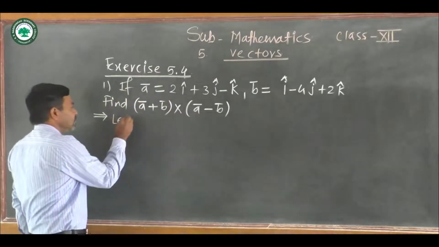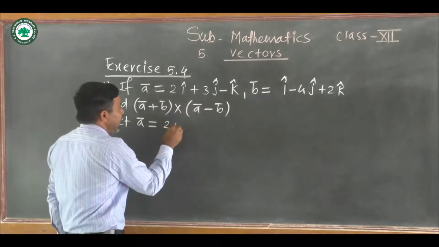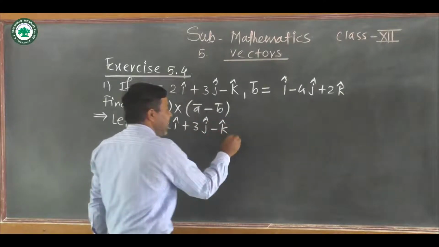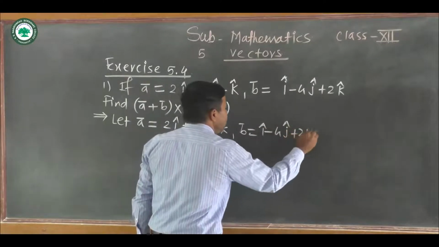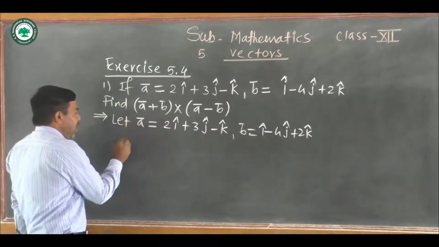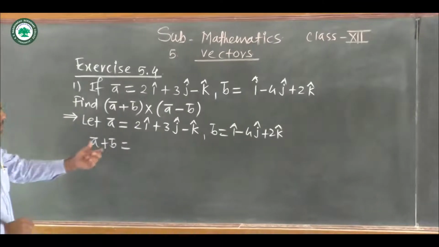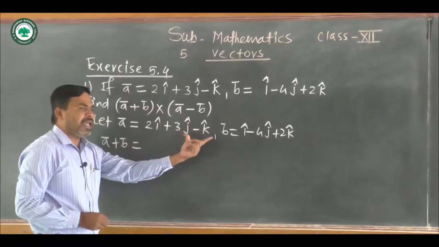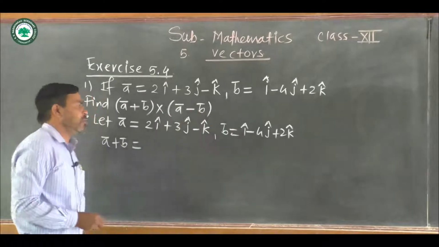So let a bar be equal to 2i cap plus 3j cap minus k cap. Also b bar is given here, that is i cap minus 4j cap plus 2k cap. So a bar plus b bar is nothing but the addition of these two vectors, and these two vectors are given in the form of ijk, so we have to add their corresponding ith component, jth component and kth components.